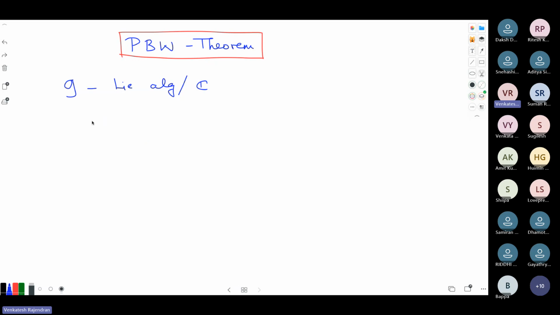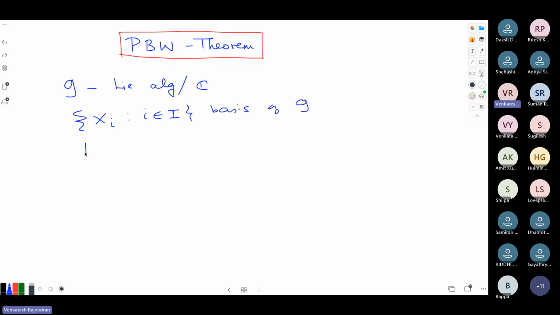What we do is fix a basis x_i, i in I. This is the basis of g. The only demand that we put is that I is totally ordered. The axiom of choice tells us that any set can be well ordered, but here total order is good enough for us.